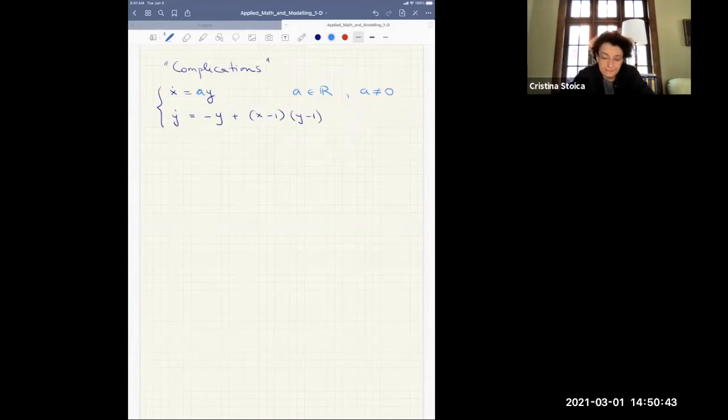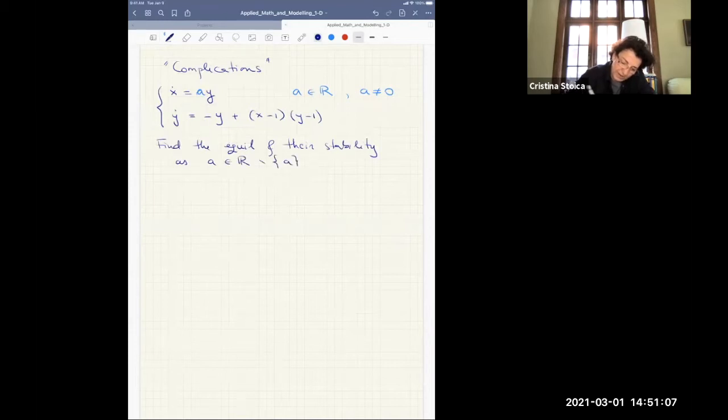And the requirement will be: find the equilibria and discuss their stability, as A belongs to R minus zero.